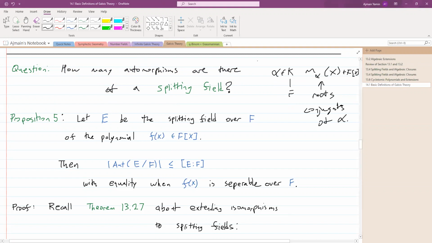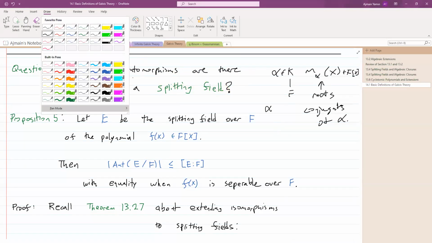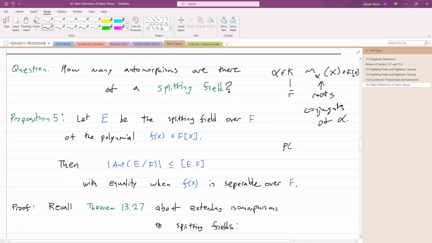Okay, and so the situation we're concerned with here is a splitting field, meaning you have a polynomial p of x with coefficients in F, and then the splitting field of this polynomial is up here, right?